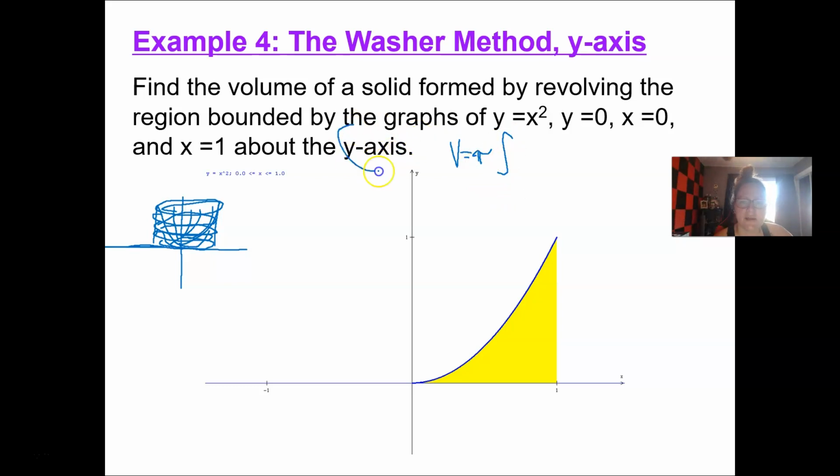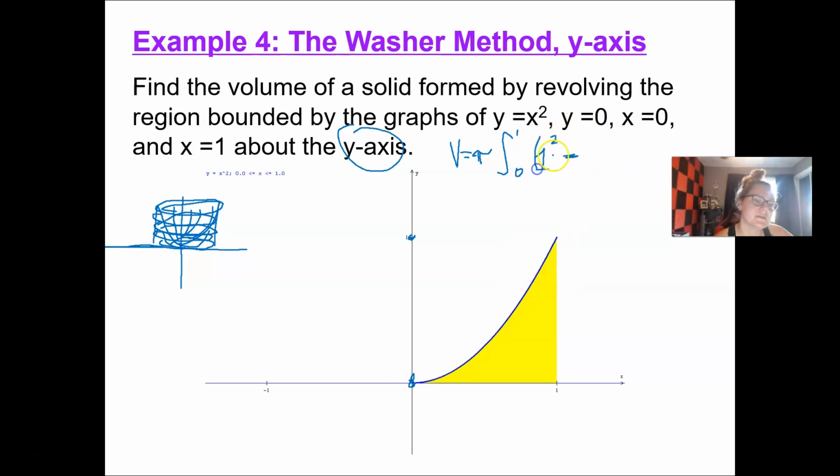Since it's the y-axis, we care about the lowest and the highest, so it's going from 0 to 1 on the y's. And then my outer function is the 1, so I go 1 squared minus my inner function squared.